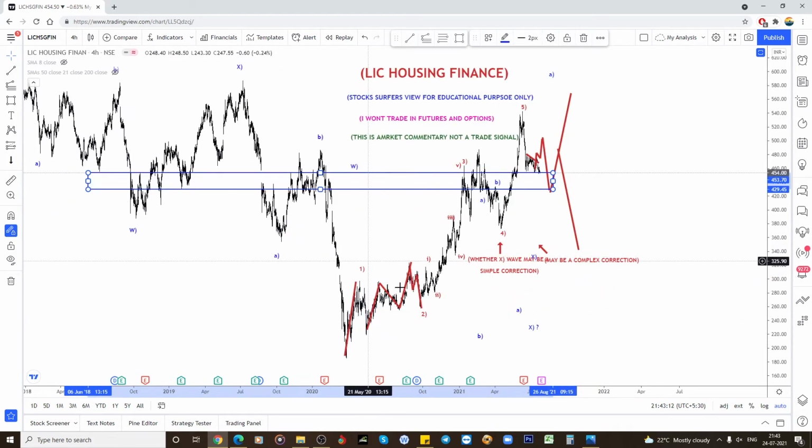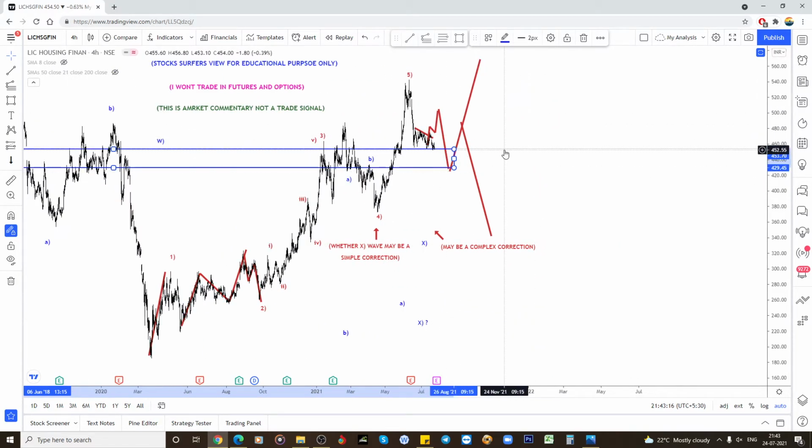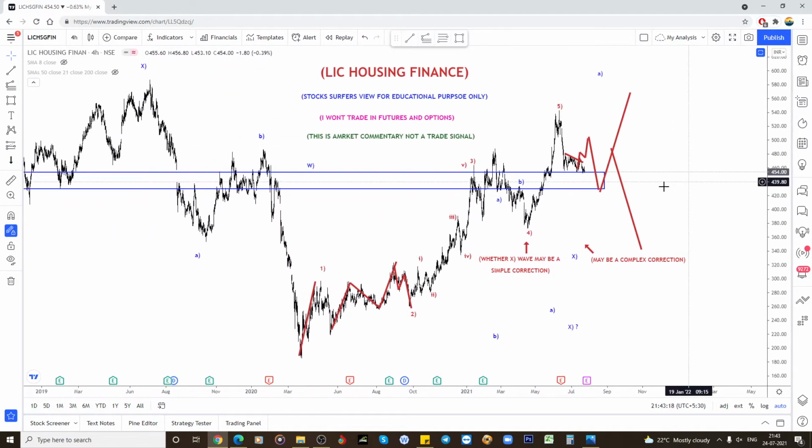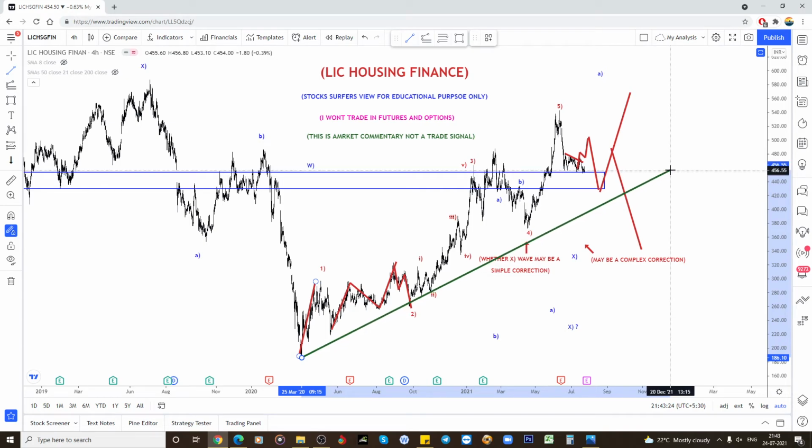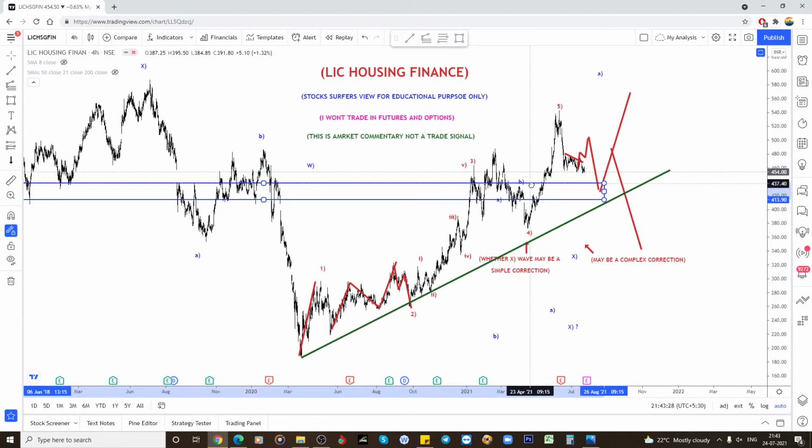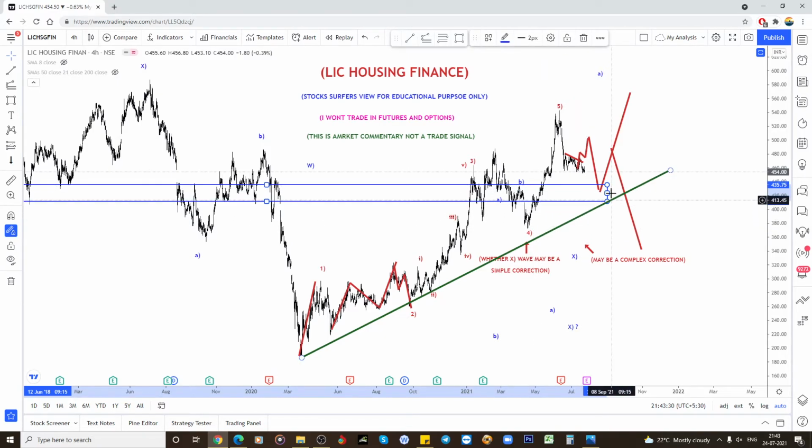And it looks like 1, 2, 3, 4, 5 is already completed. So I'm not in this. So I'm looking to enter. And if you place this trend line here, we may get in this zone, right? So wait for this to reach here. It's around 410, and then we can look for the buy.